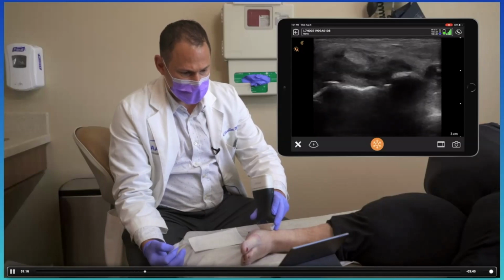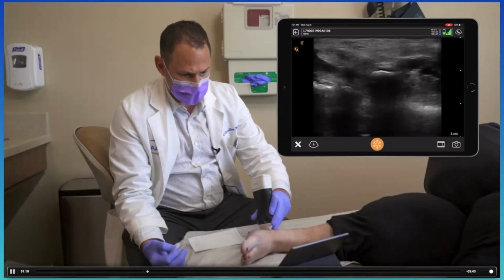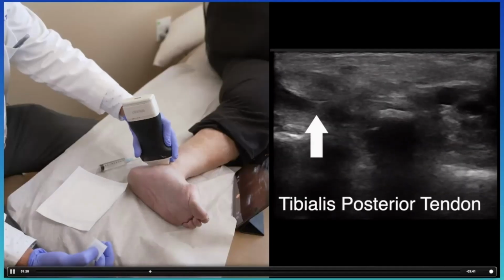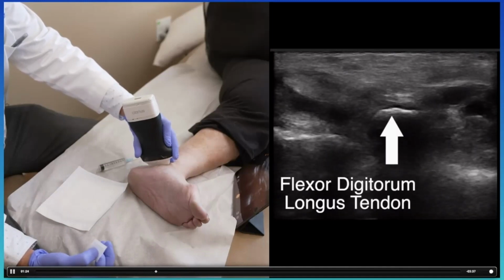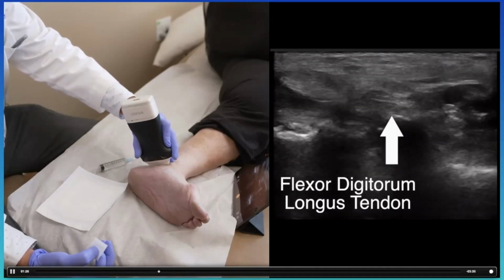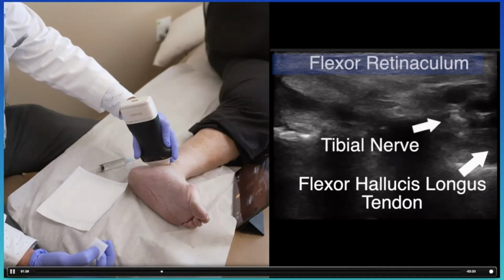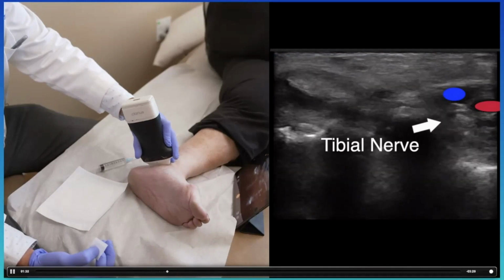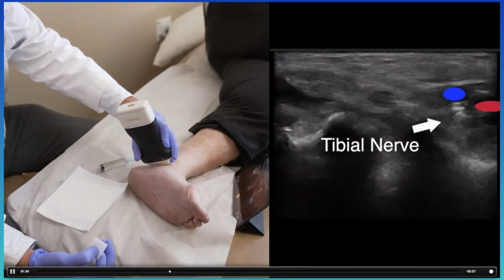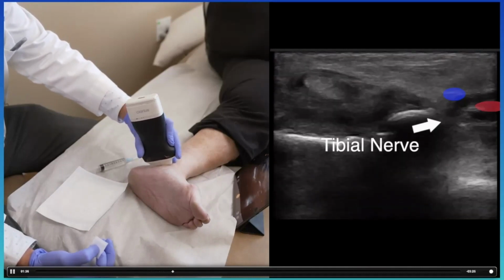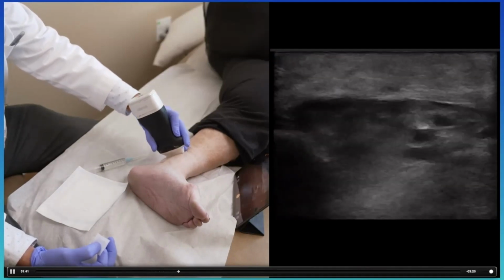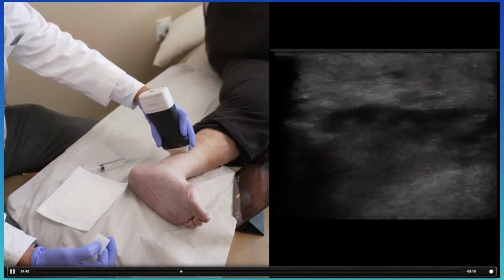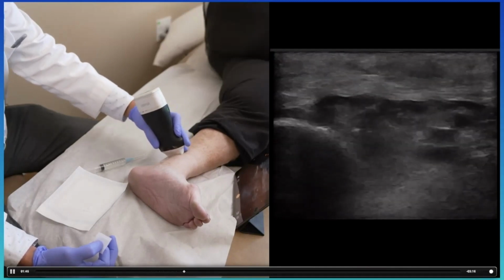You have Tom, Dick, and Harry: tibialis posterior, followed by flexor digitorum, and then flexor hallucis longus, with the tibial nerve in between them. Another option is to go more proximal for the tibial nerve and follow it up in the ankle.